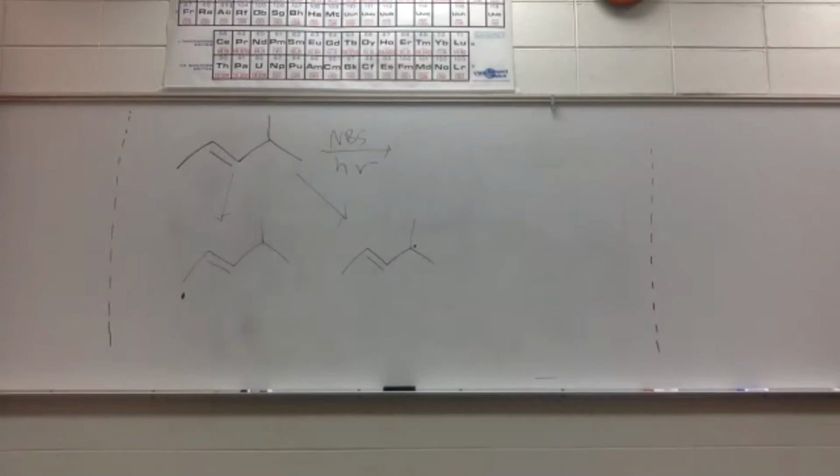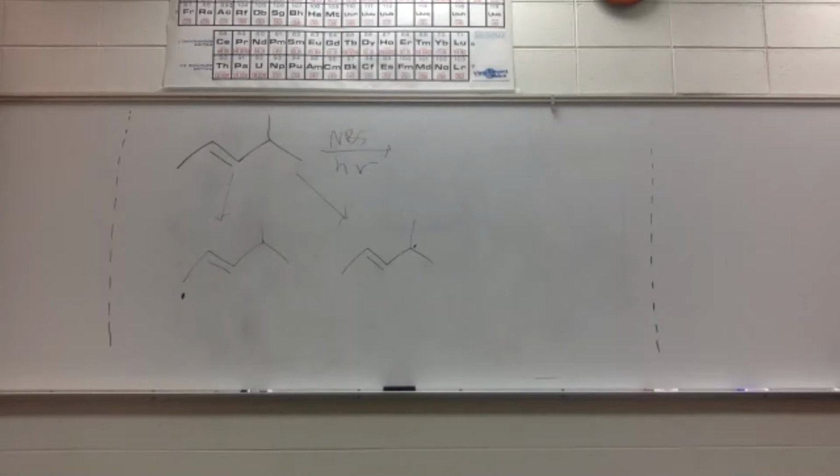Yeah, primary allylic on the left. What type is on the right? Tertiary allylic. So then you ask yourself, do both of those radicals have an equal chance of being formed? Is one preferred over the other? What do you think?